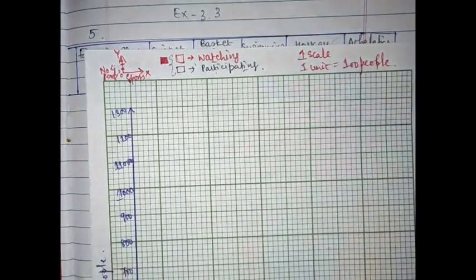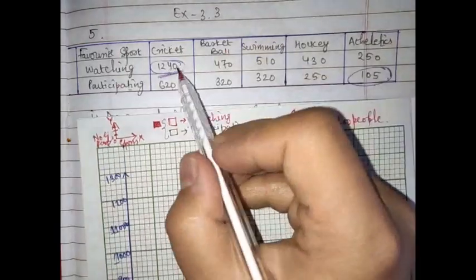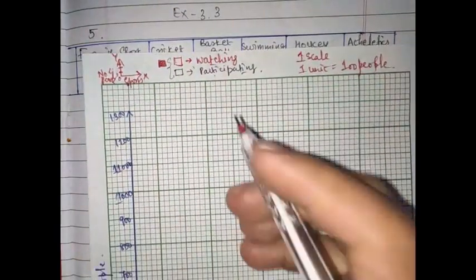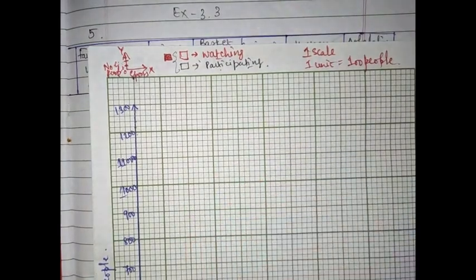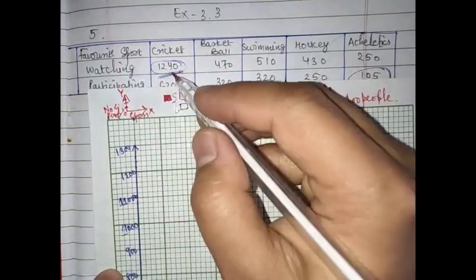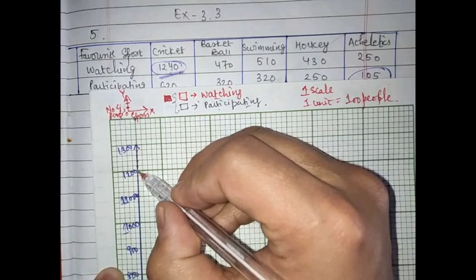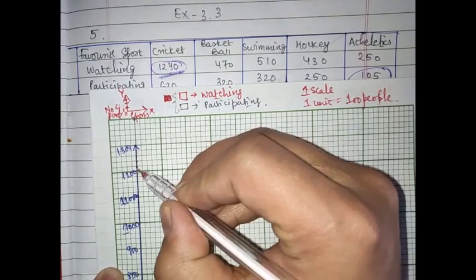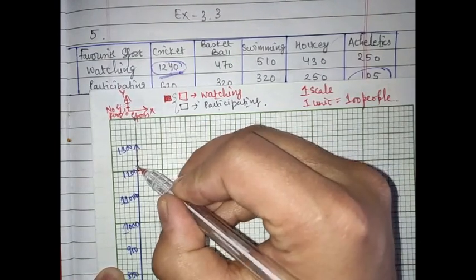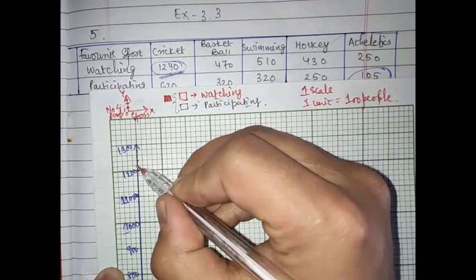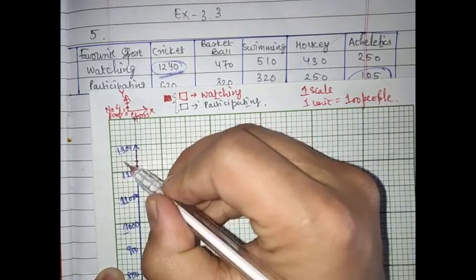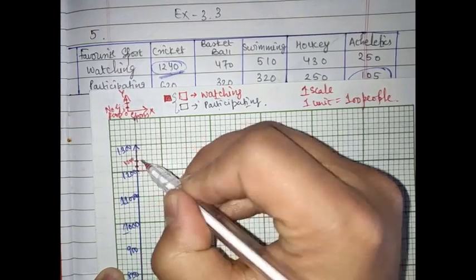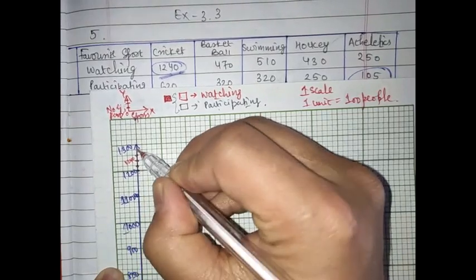The number who are watching is 1240. So where is your 1240? That we have to find first. So 1200, then we will choose 1220, 1240, here your 1240 is, then 1260, 1280, then comes your 1300.